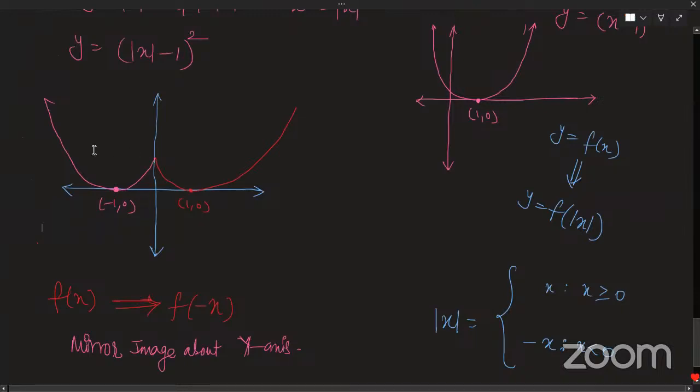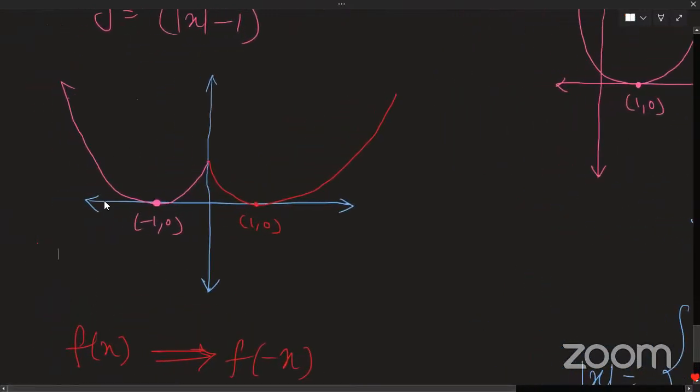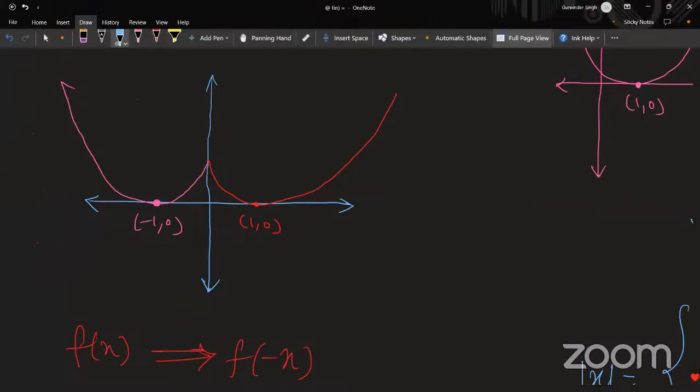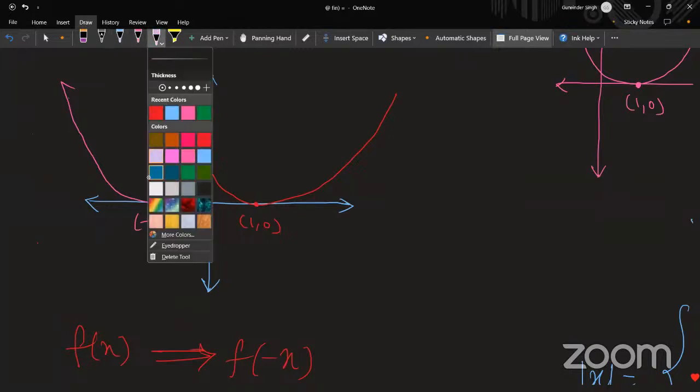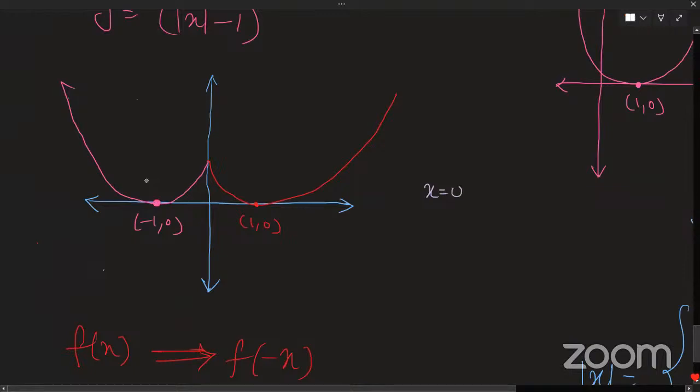So in this curve over here, what do you see? Sir, when x is equal to 0, you see a corner. Great, great. X is equal to 0 is a corner, right? Is there any other corner, discontinuity or vertical tangent that you see over here? No, sir.